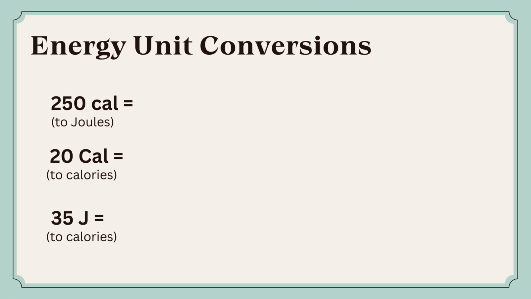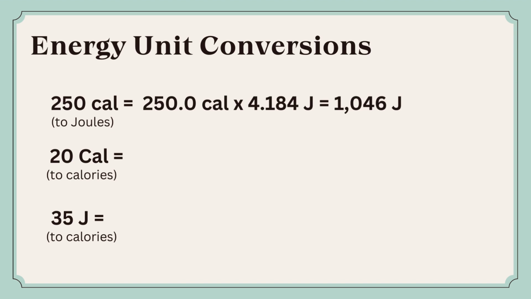First, convert 250 calories to joules. You can pause the video to do this. So you would use the equation 250 calories times 4.184 joules, which is the relation between 1 calorie and however many joules. That would equal 1,046 joules.